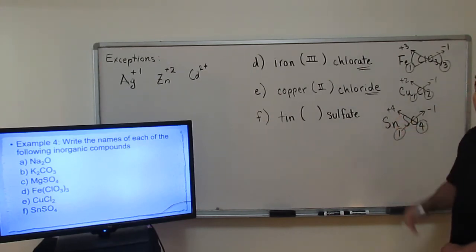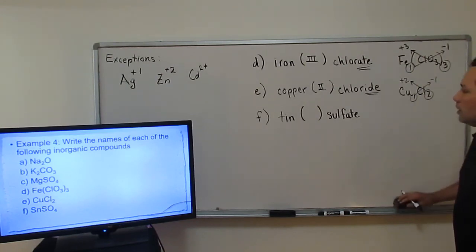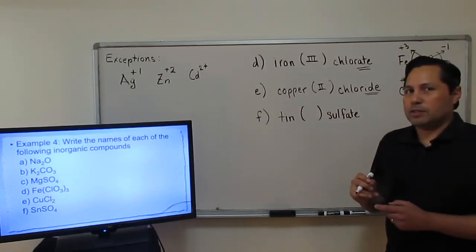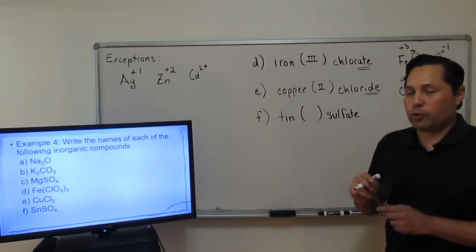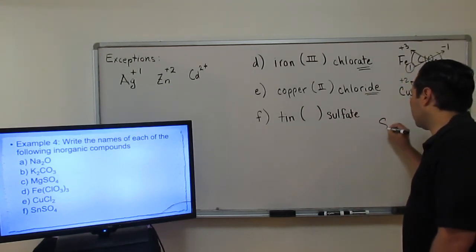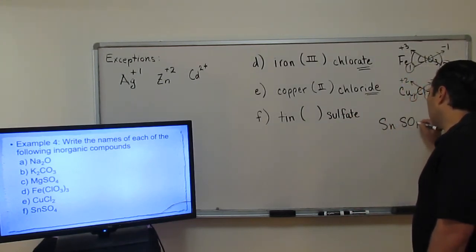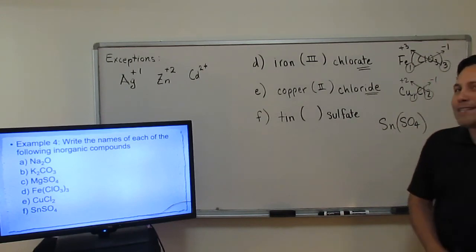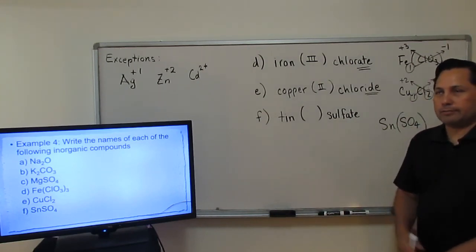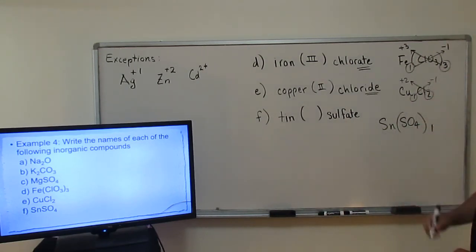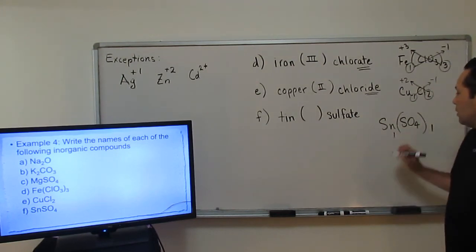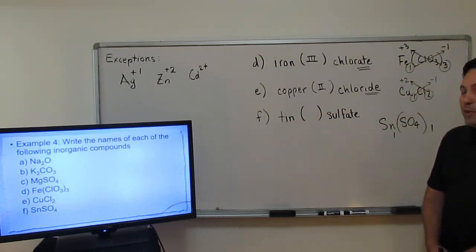That 4 should not go up there. Why? Because remember that SO4 is a group, so it needs parentheses. So why did I not put parentheses on it? Because that's a 1 outside. So that's why I didn't have parentheses.